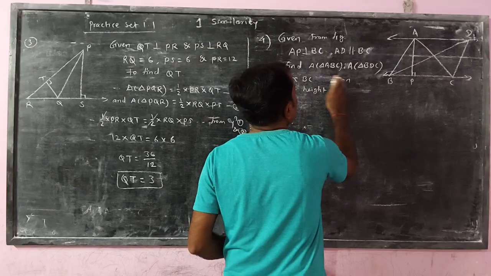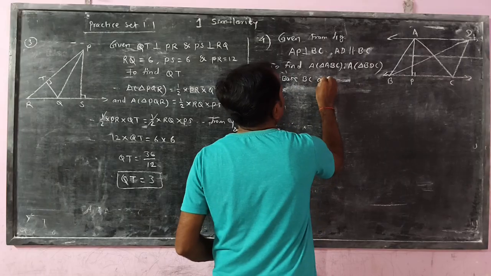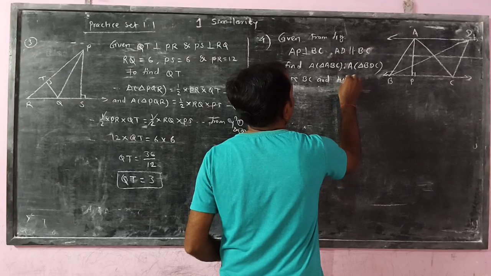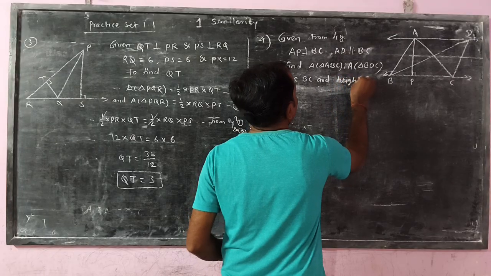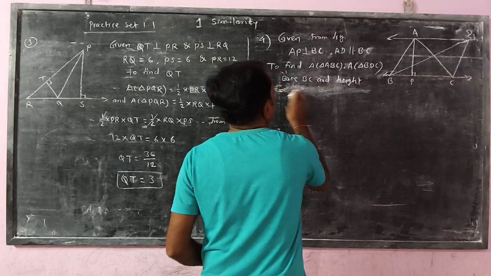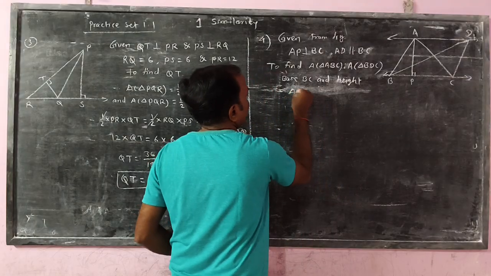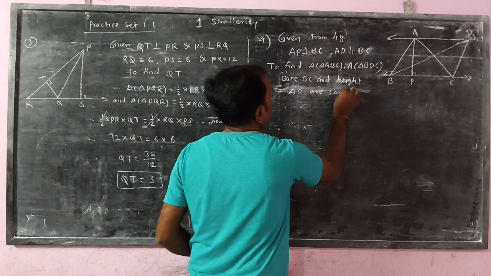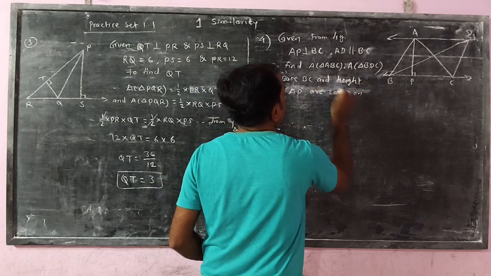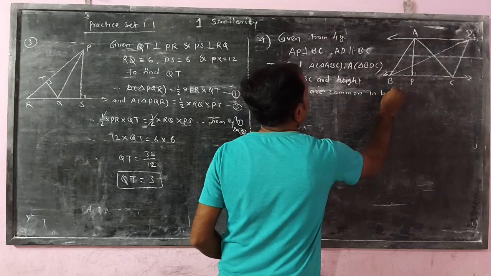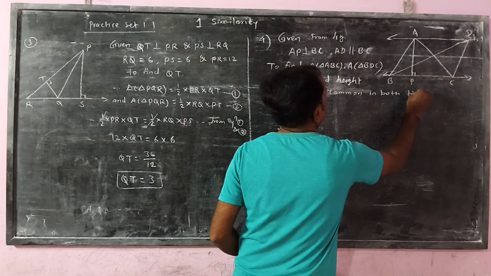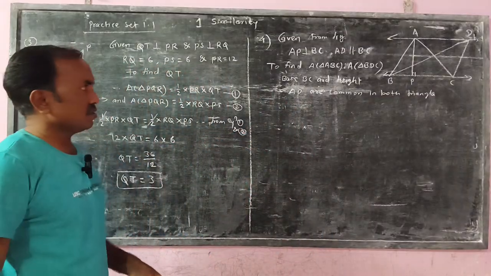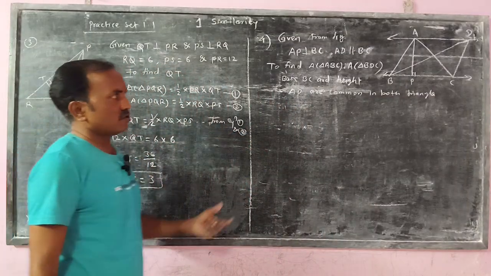BC and height AP are common in both triangles.